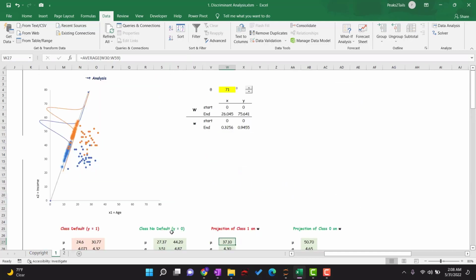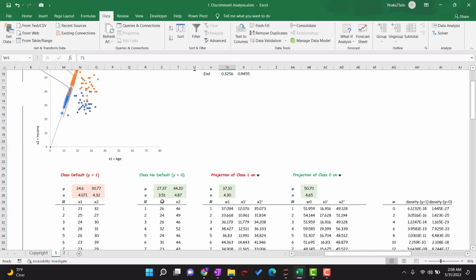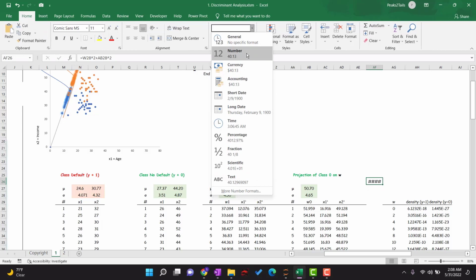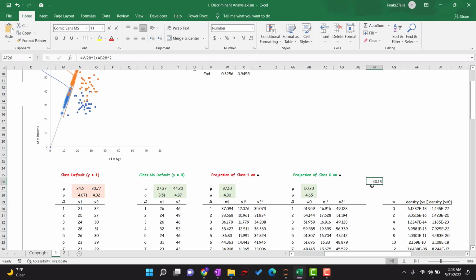So earlier we said, right now this is optimal, right? So these are my projections of the two classes. This is the sigma of the projections. All I need to do is, let's see, sigma square plus sigma square, 40.13, that matches.